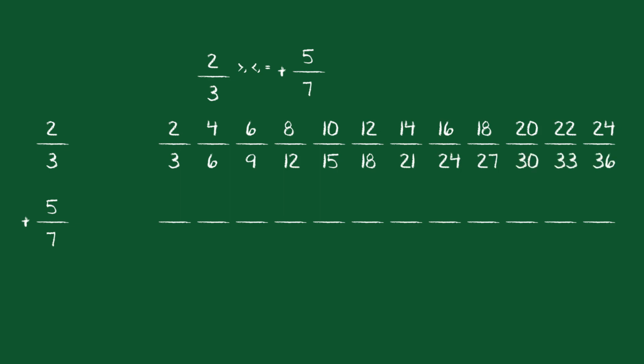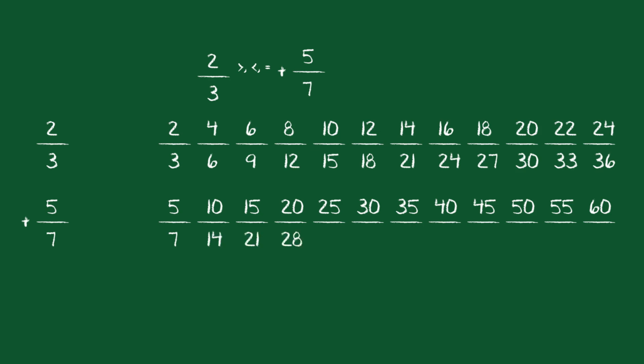The 5: 5, 10, 15, 20, 25, 30, 35, 40, 45, 50, 55, 60. The 7: 7, 14, 21, 28, 35, 42, 49, 56, 63, 70, 77, 84. Do you see a like denominator? 21. 21, yes. Great job.